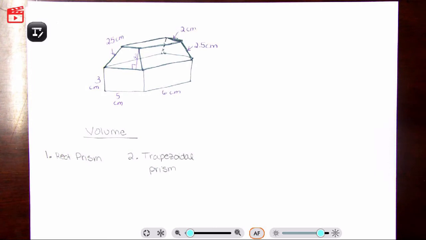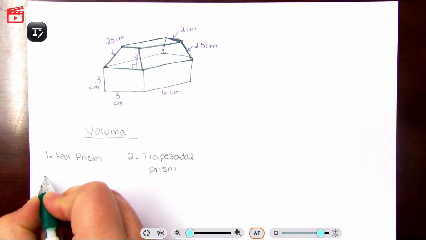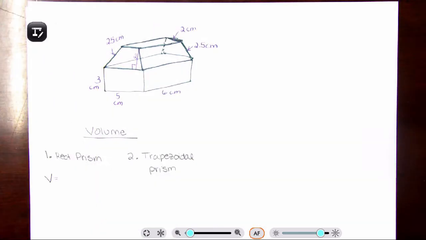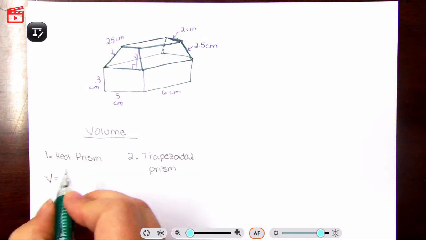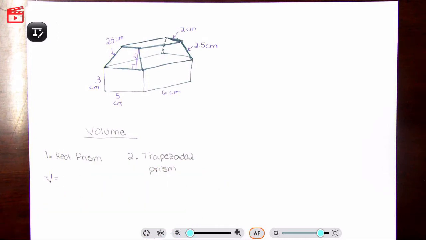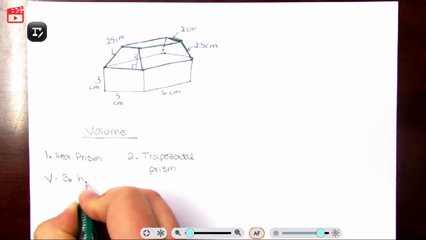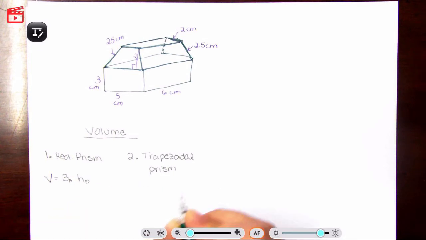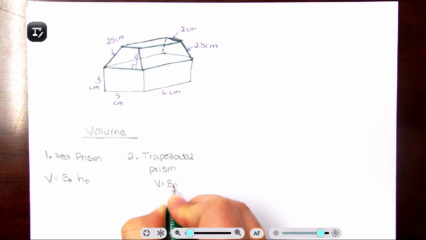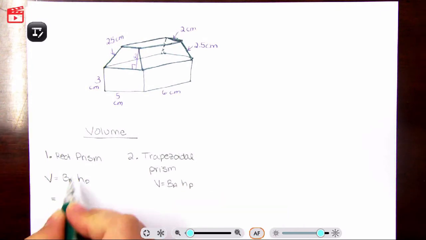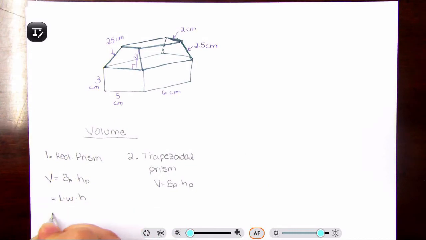All right, so the formula, I'm looking at my cheat sheet. If you don't have this memorized, make sure you have this in front of you. So rectangular prism volume, make sure you're looking at the correct formula, is the area of the base times the height of the prism. Same thing here, area of the base times the height of the prism. So what is the area? This is a rectangle, so I have length times width times height on this one.